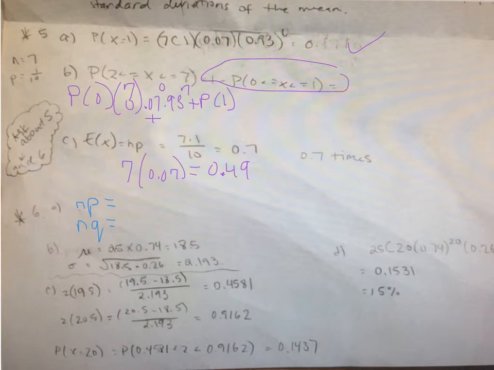So here what you're going to do is multiply, N is 25, and P is 0.74, I think. Yep, 0.74. And that's also the mean, right? Because this is the expected value, right? EX is NP.